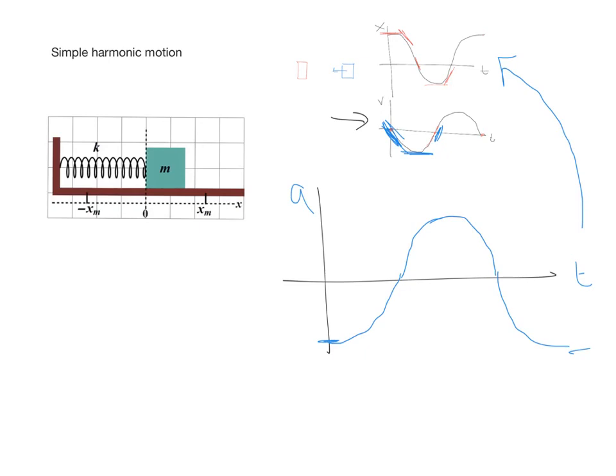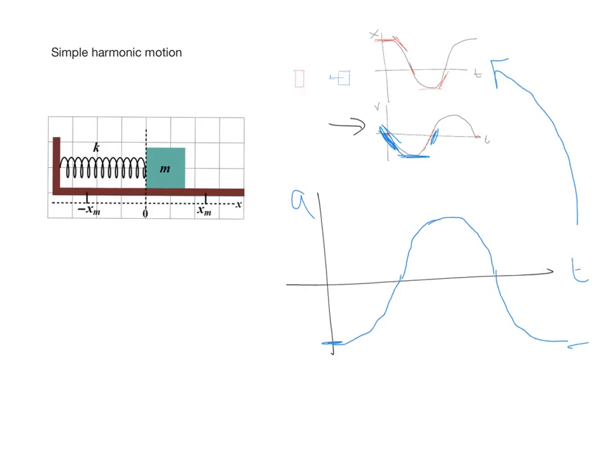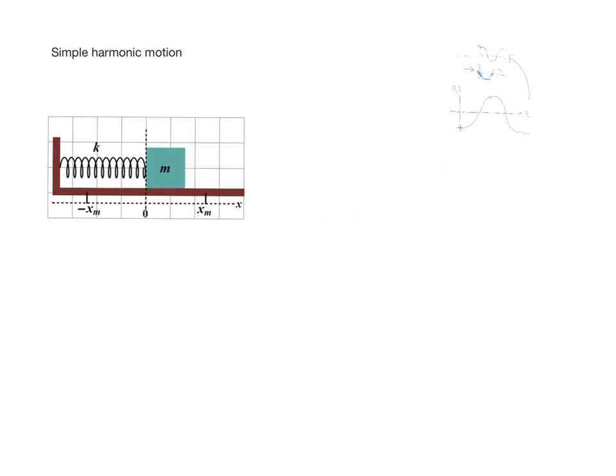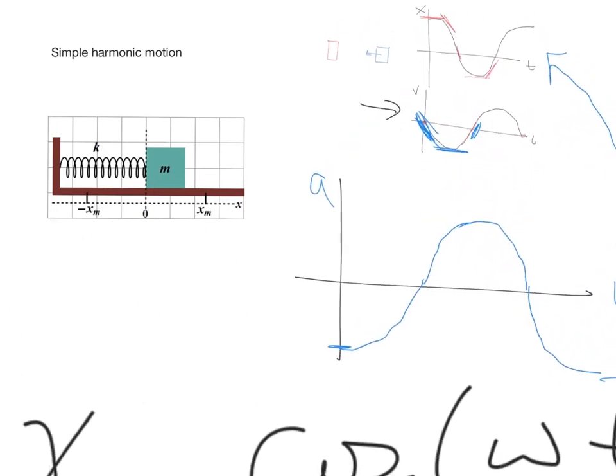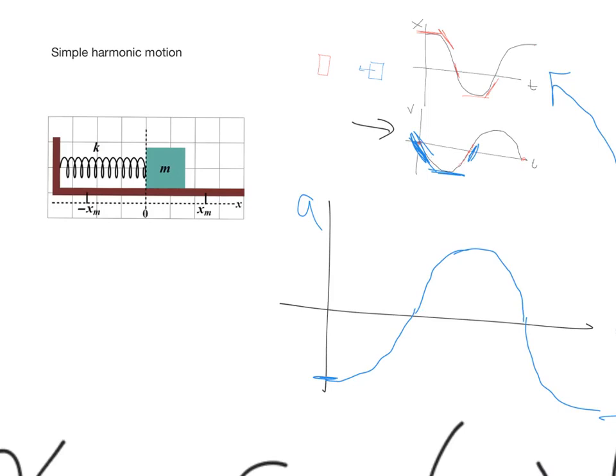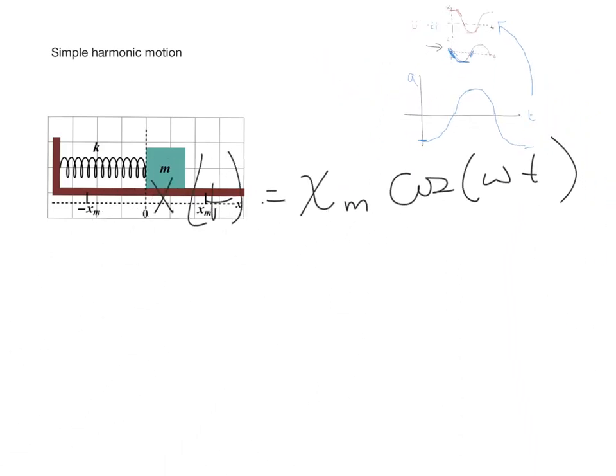Now, if we think about this in terms of our equations, the position, and I'm going to omit the phase angle. Most of the time you will. For the slope, we could see that this is a sine function, but it's an inverse sine function.